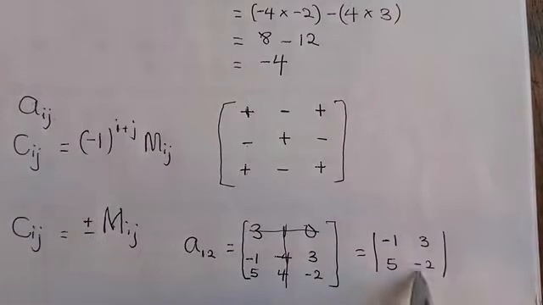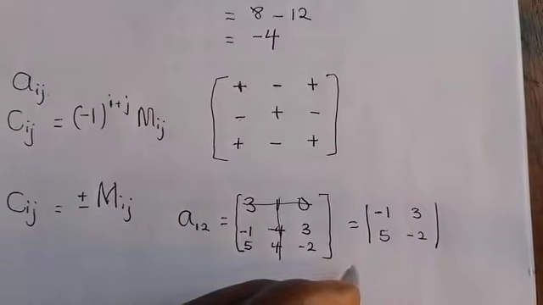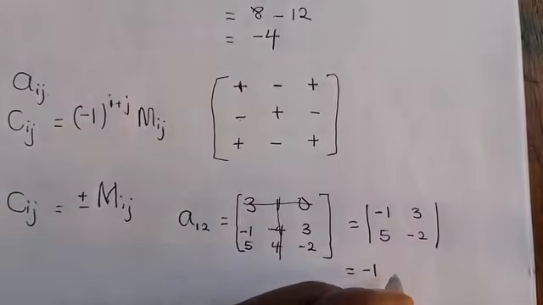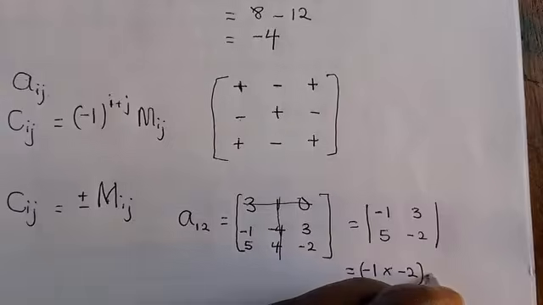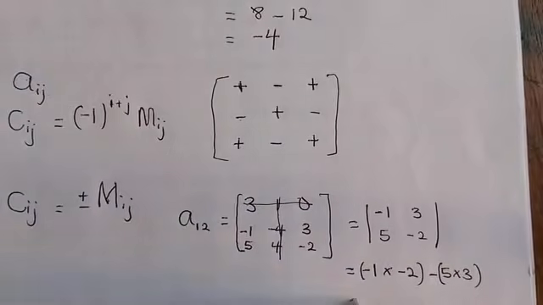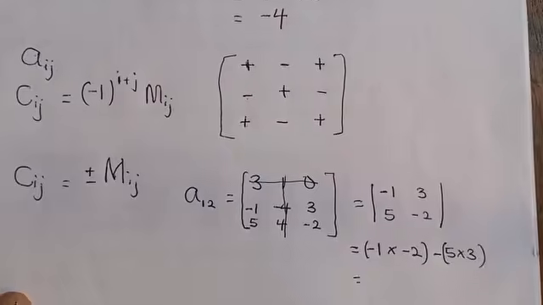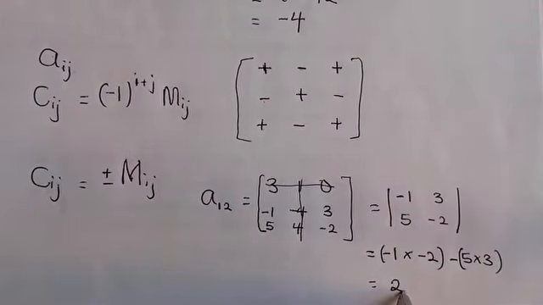So finding the determinant of this particular entry, you are going to have minus 1 times minus 2. Then we'll subtract 5 times 3 from it. That is in the second diagonal. And that's equal to, minus 1 times minus 2, we have 2.